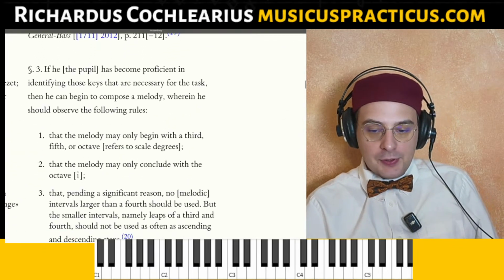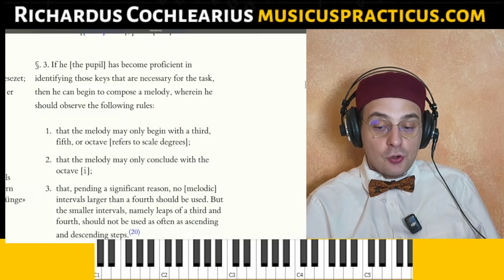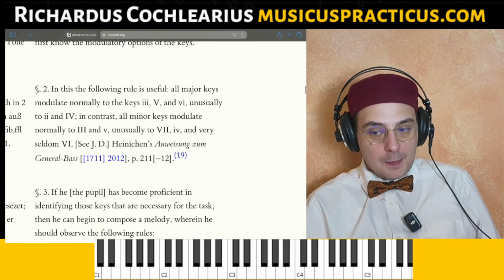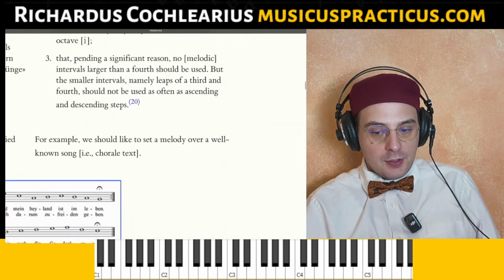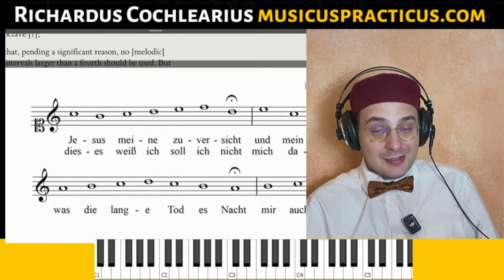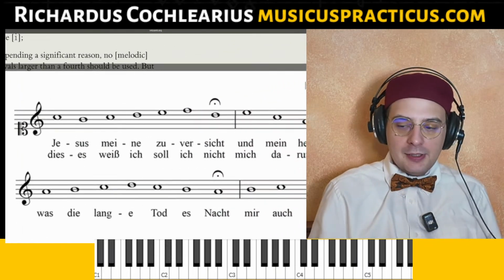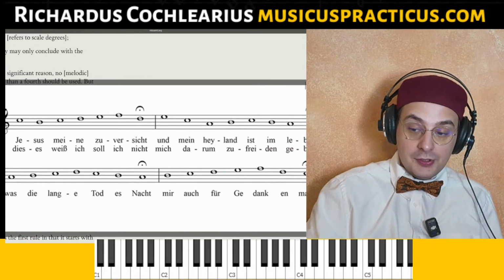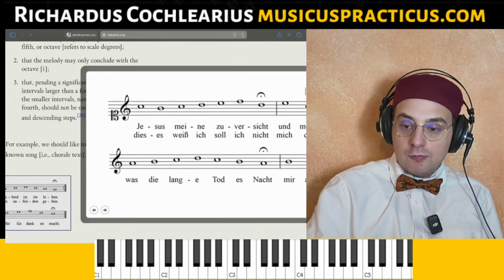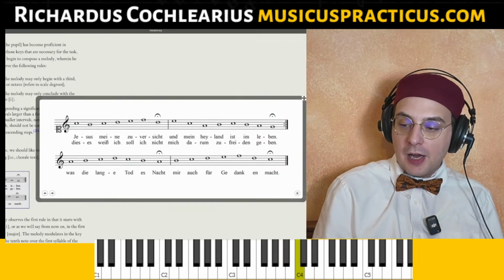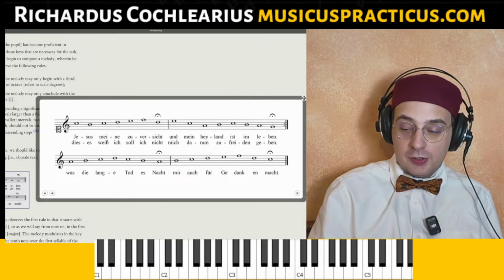Let's see about this, because the melody may only conclude with the octave. But here, I guess we are ending with the fifth degree. It's not the entire melody, I agree, but the section is ending on the fifth degree of G major, so D. Okay, then la, la, fa, re, mi, re, ut, G major, degree 1.